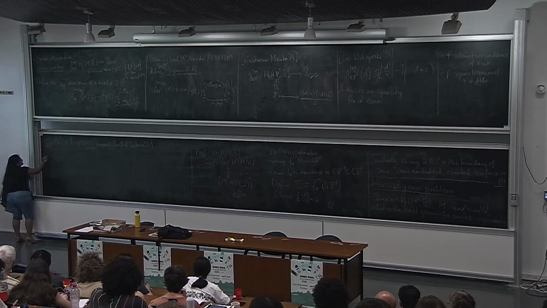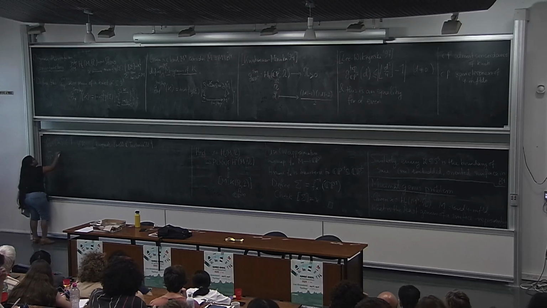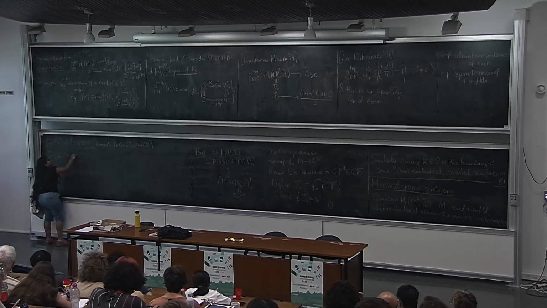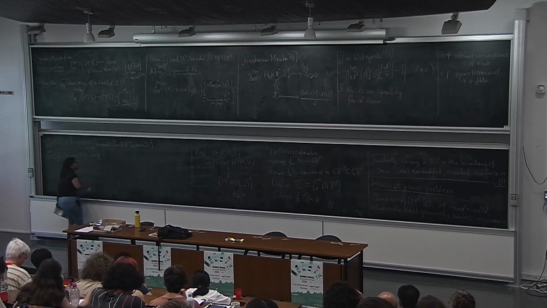In contrast to that, the smooth CP2 genus of knots can be arbitrarily large.